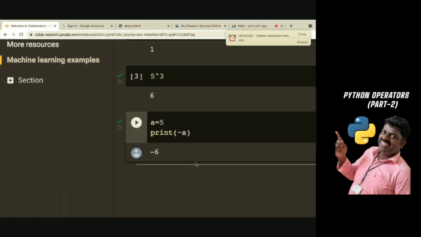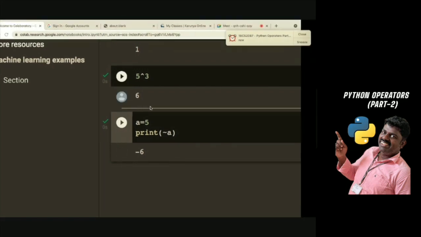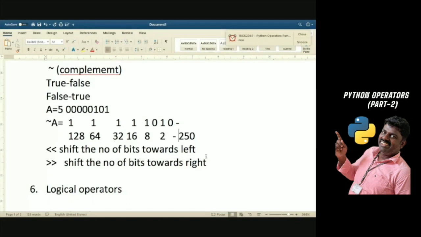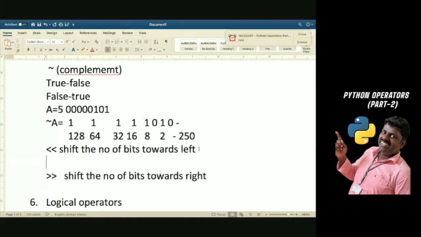And next we can also see left shift and right shift. For example, if I am going for left shift, how to give it? If you are giving A, then left shift 2, so 2 times it will be left shifted.